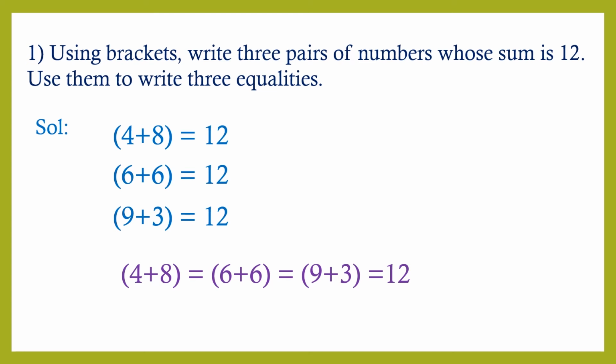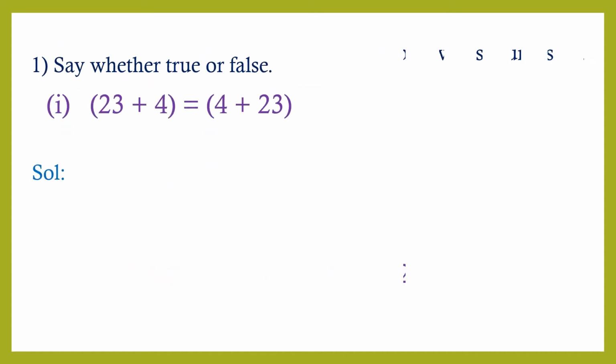Now, we are going to see how to compare two expressions. Say whether true or false. First one, 23 plus 4 equal to 4 plus 23. Here they have given one statement which contains two expressions and we have to tell whether the statement is correct or wrong.